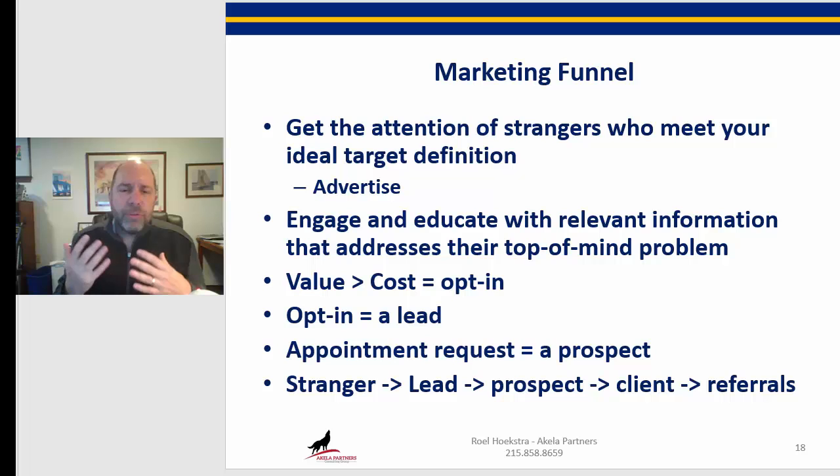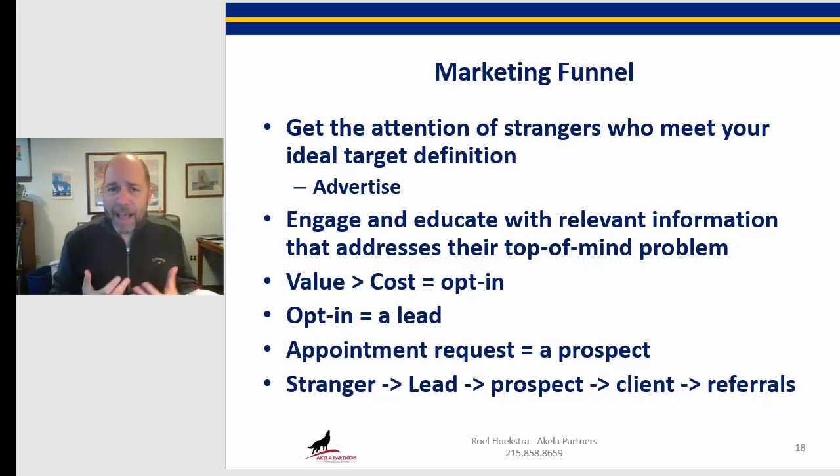When we use interactive decision trees and interactive content on the landing page, we are able to engage and educate and get people to opt in. We're dealing with relevant information that addresses a top of mind problem. That's what you have to do.